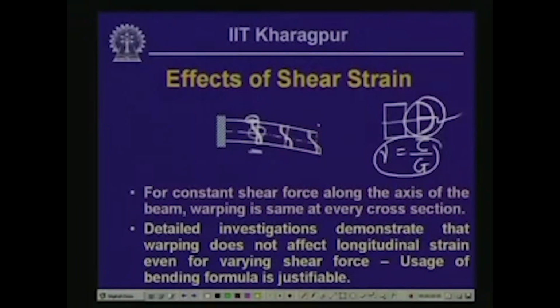Also, it has been observed, when we go for detailed investigations of such warping because of non-uniform shearing stress, that if the shear force is not uniform along the beam, if there is varying shear force, then the warping will not be constant in all cross sections, and thereby there will be some change in the longitudinal strain.